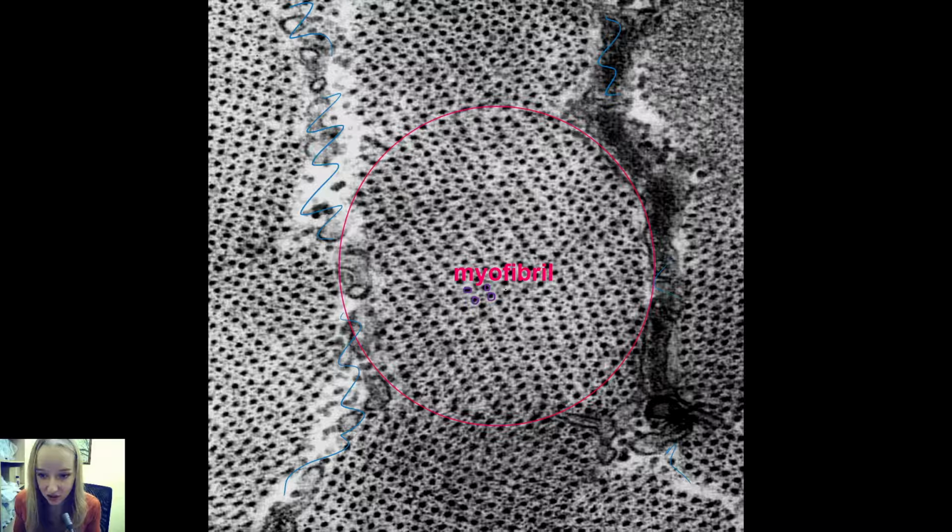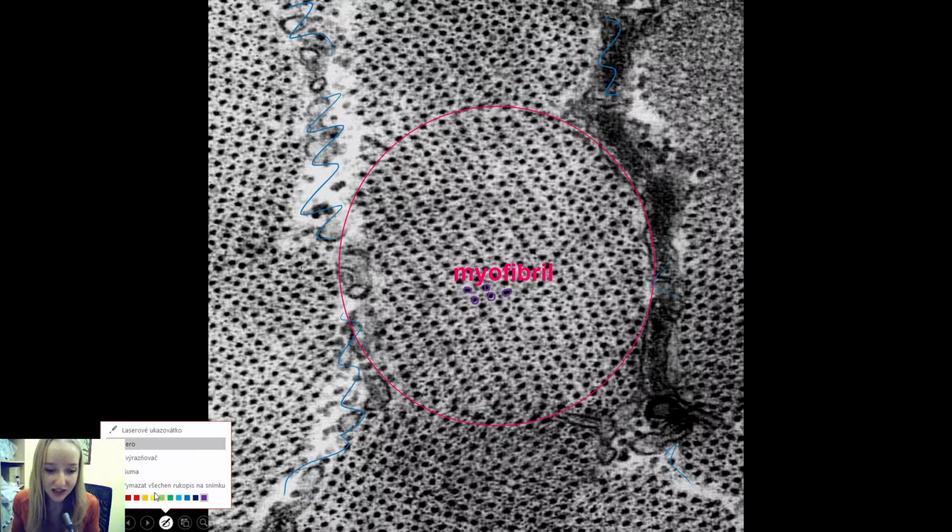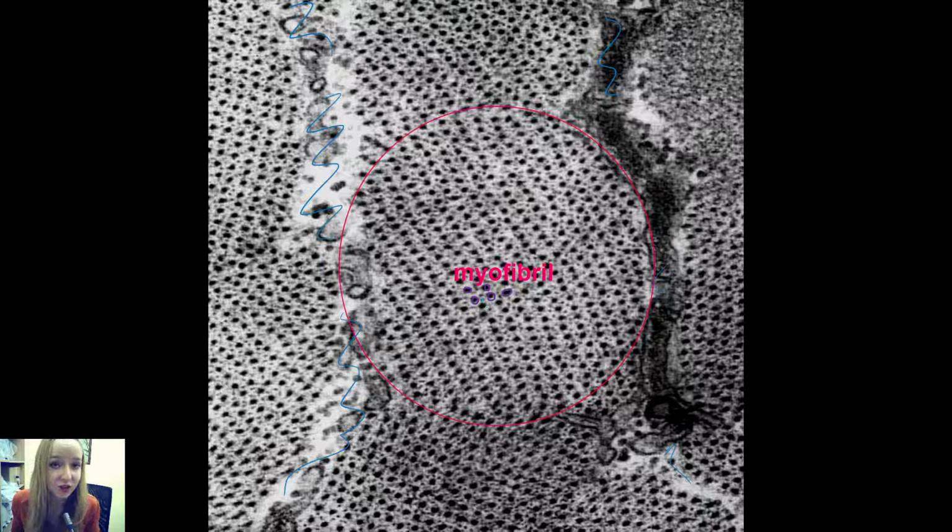These are the cross sections of thick filaments over here, and we can see also electron dense dots, but smaller ones, and there are really 6 of them around one thick filament, and these are the thin filaments over here. So 6 of them around one thick filament. But it cannot be said that the ratio would be 1 to 6, because those thin filaments are shared between these thick filaments.